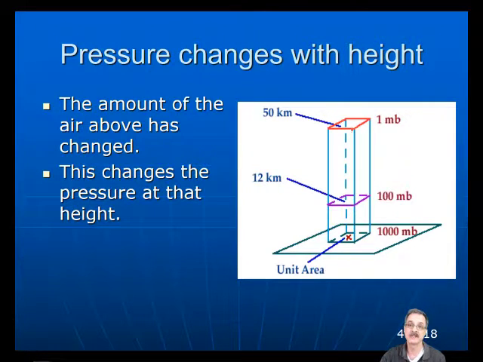And if you go all the way to the top, you're at 1 millibar, and that's equivalent to about 50 kilometers in the atmosphere. You have very little atmosphere above you, so you have much less weight. So basically there are changes in pressure at different heights in the atmosphere.